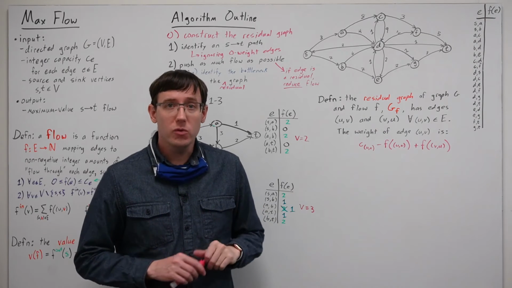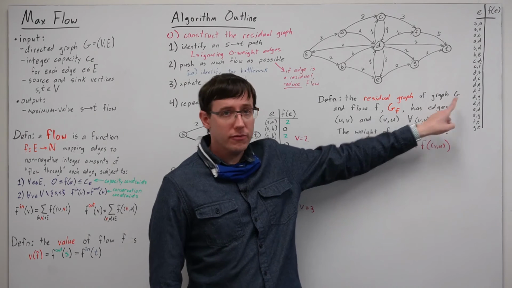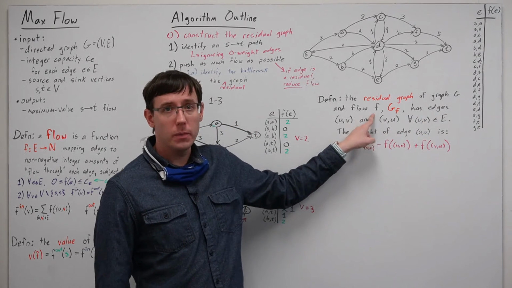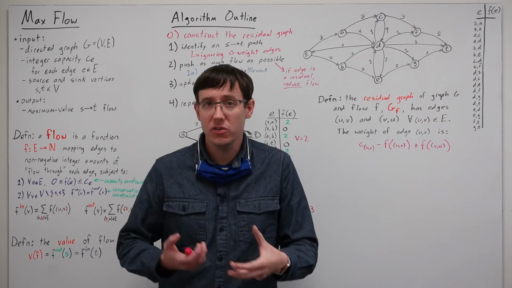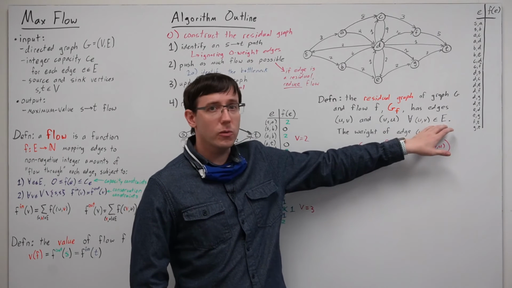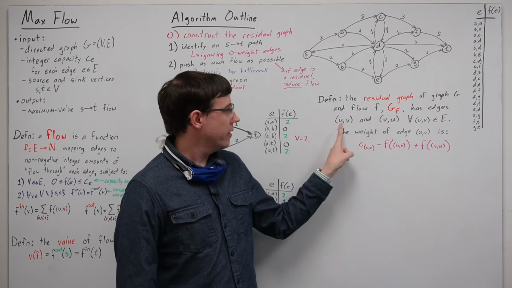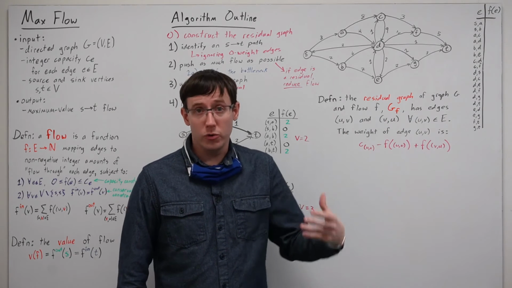So we define the residual graph in terms of the graph and the flow. For any given flow, we will have a different state of the residual graph. And for all edges in the original graph, we have both the edge and the back edge in the residual.